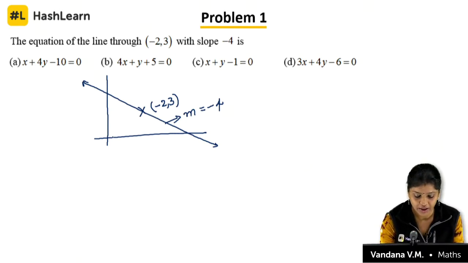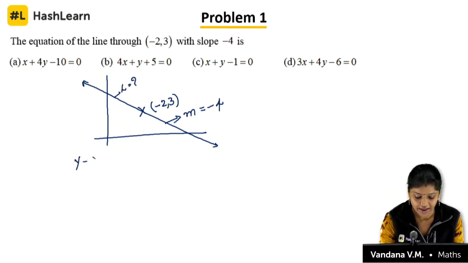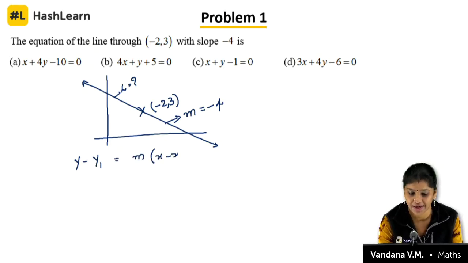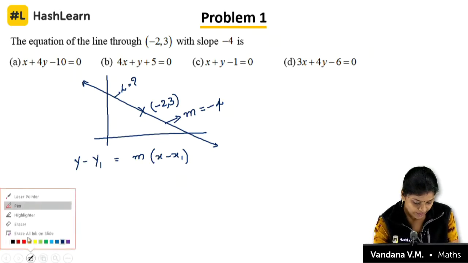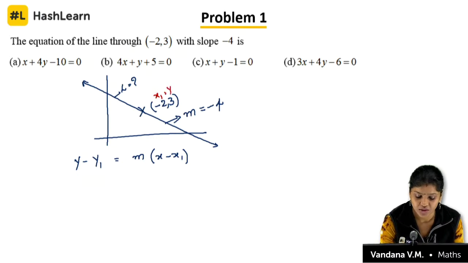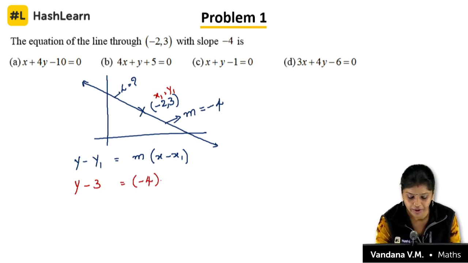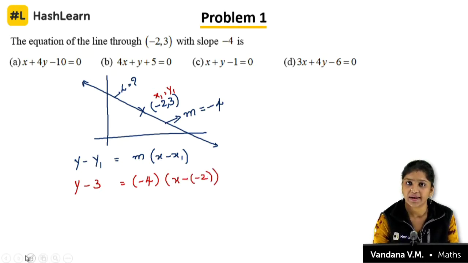The equation of this line is y minus y1 is equal to m into x minus x1. Clear, children? Now, substitute the point. This is x1, this is y1. Substitute over here: y minus 3 is equal to -4 into x minus of -2, right?